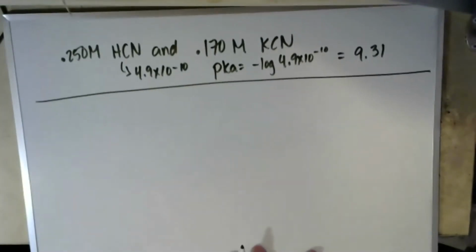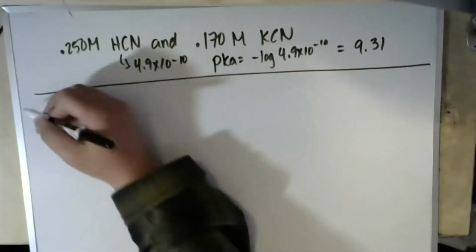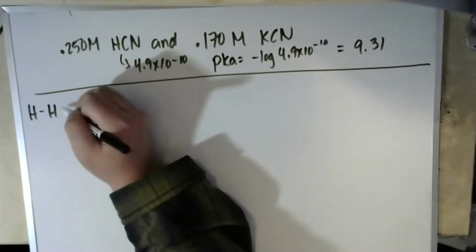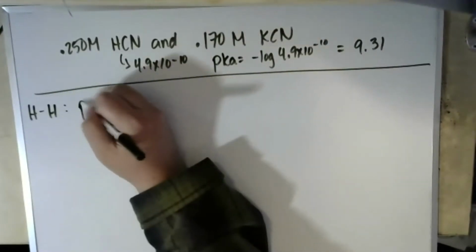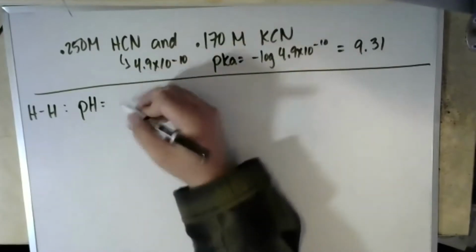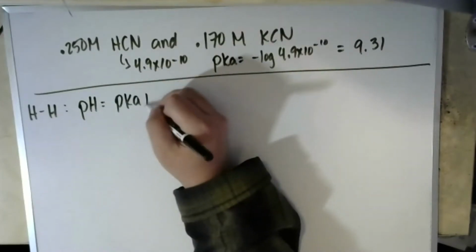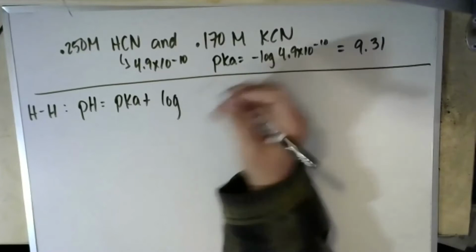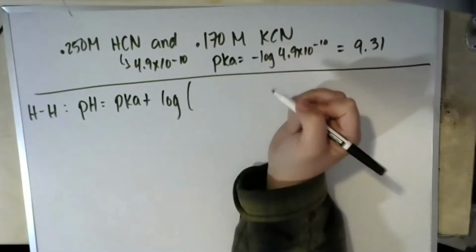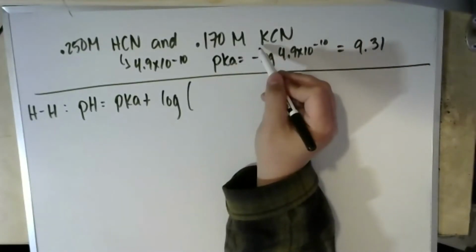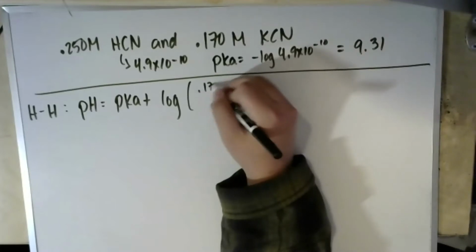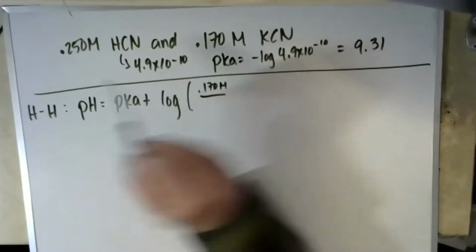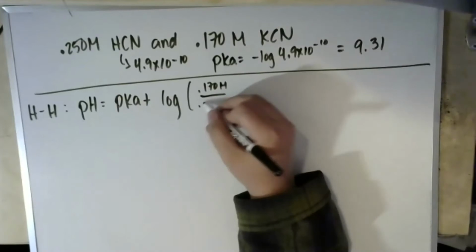And now we can do our calculations. Henderson-Hasselbalch: pH equals pKa plus the log of my base, which is going to be my 0.170 molar, over my acid, which is going to be 0.250 molar.